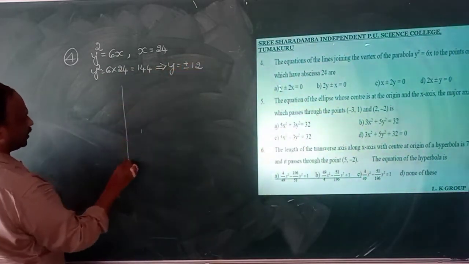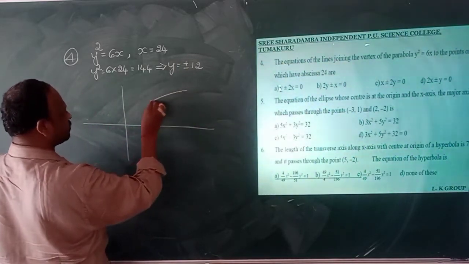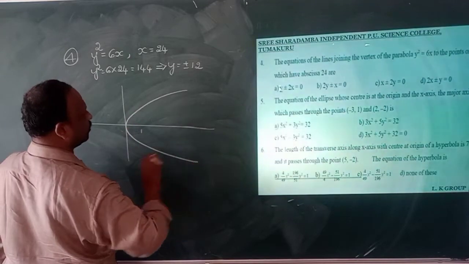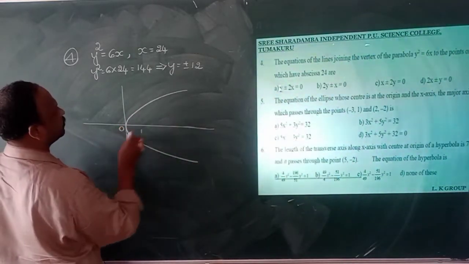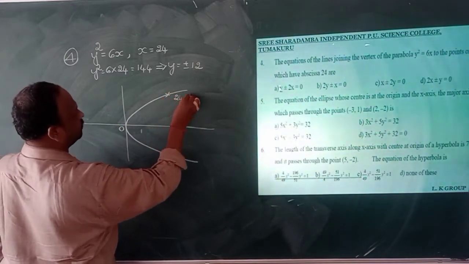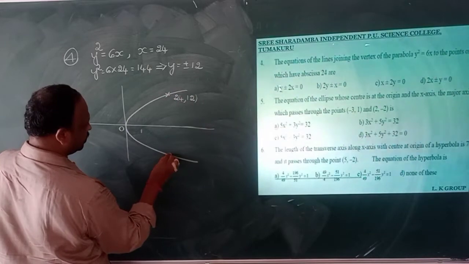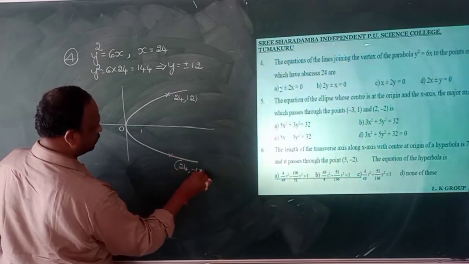So the diagram: this is the parabola opening to the right side. O is the vertex. This is the point (24, 12). This will be (24, -12).